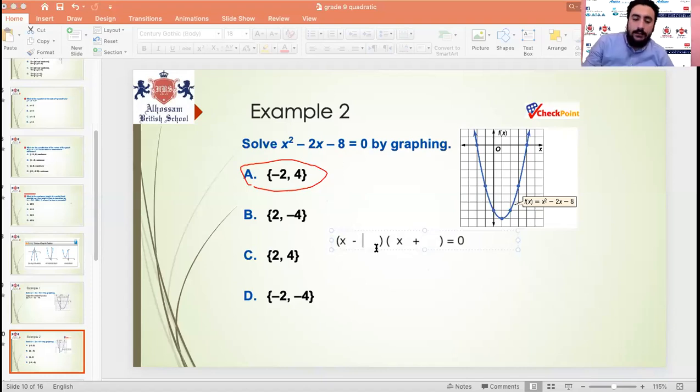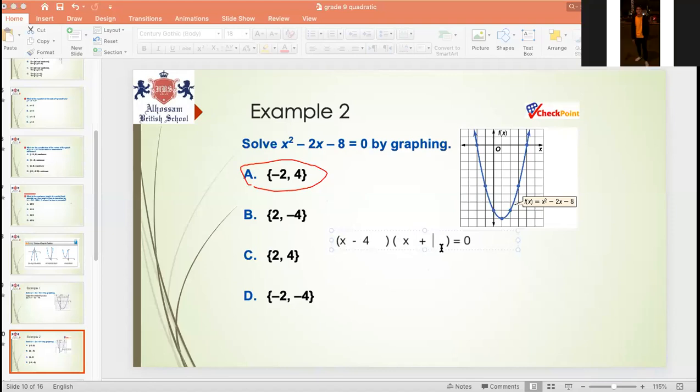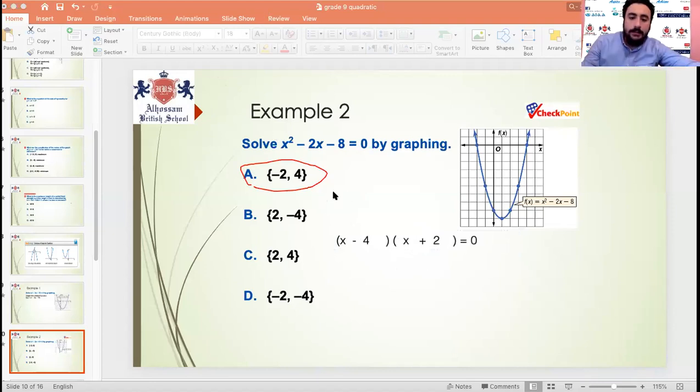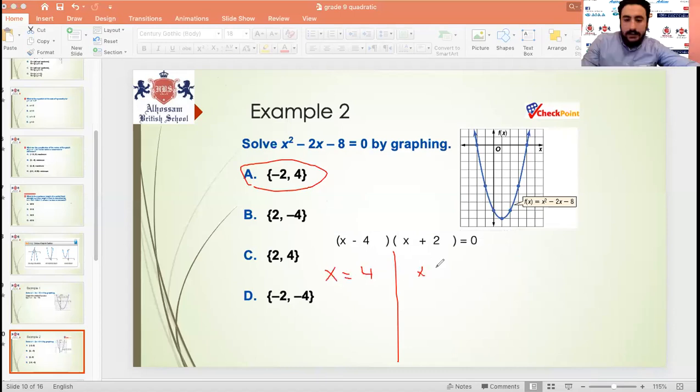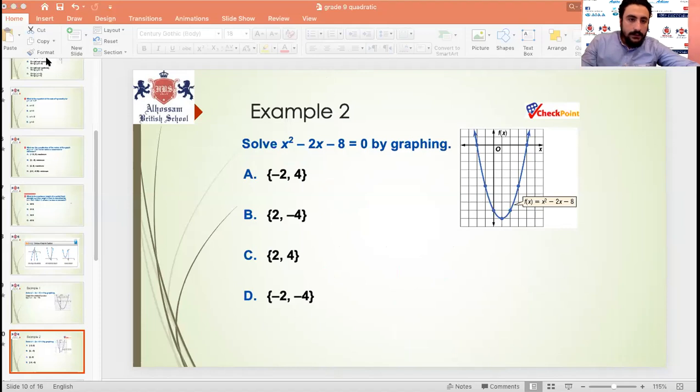Yes, so I'm going to put here 4 and the other. Yes, and then I'm going to divide my paper. So x equals 4 or x equals negative 2. Did you notice that, Mazen, it's the same solution here? So you can identify the solution from the graph, or you can solve it like this. Okay, Mazen? Okay.